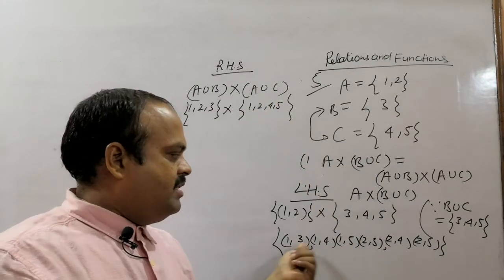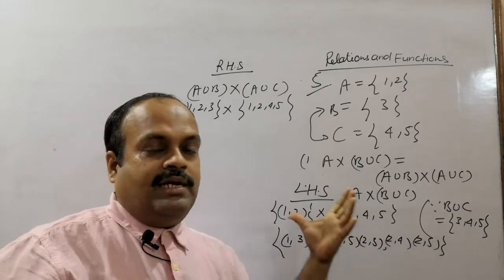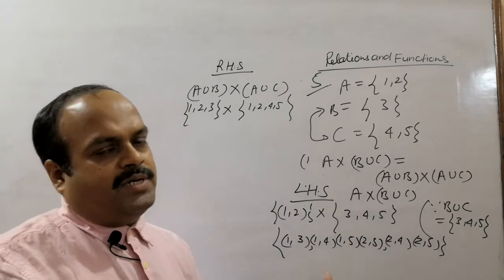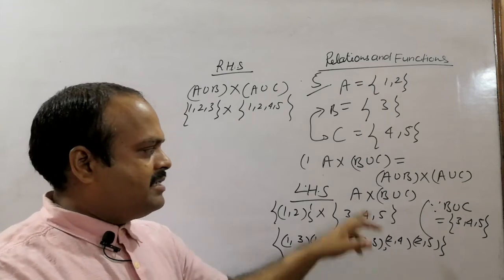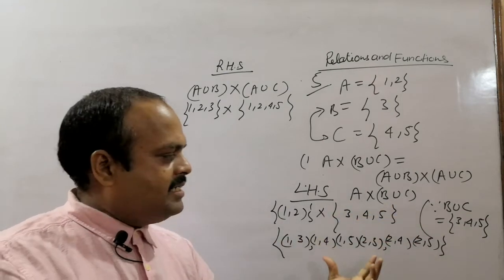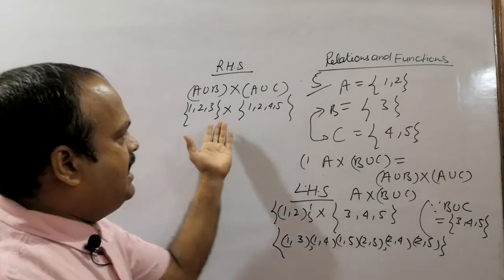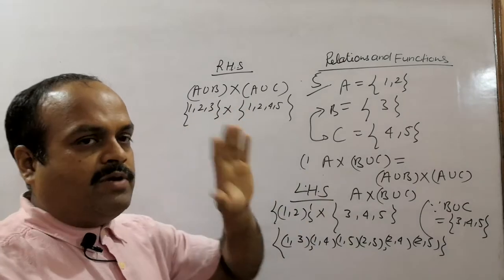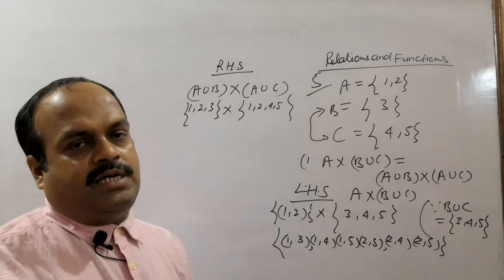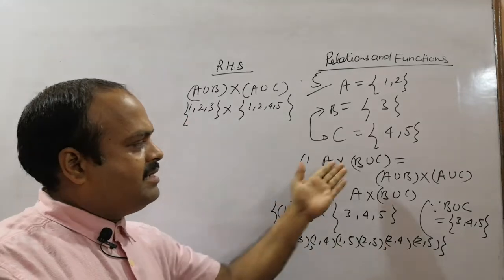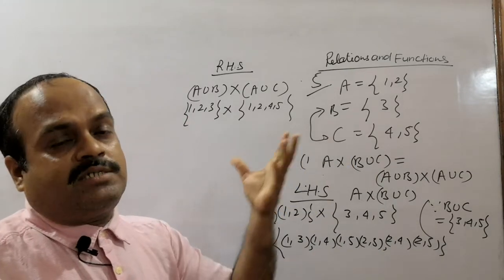Cartesian product of A and B union C has 6 ordered pairs in it, and here 3 and 4, there will be 12 ordered pairs in it. So, how is this statement true? No, it is not true, it is false.